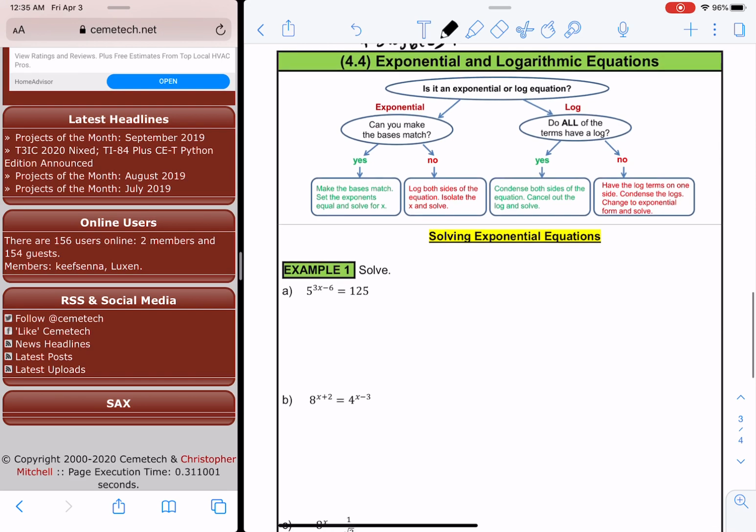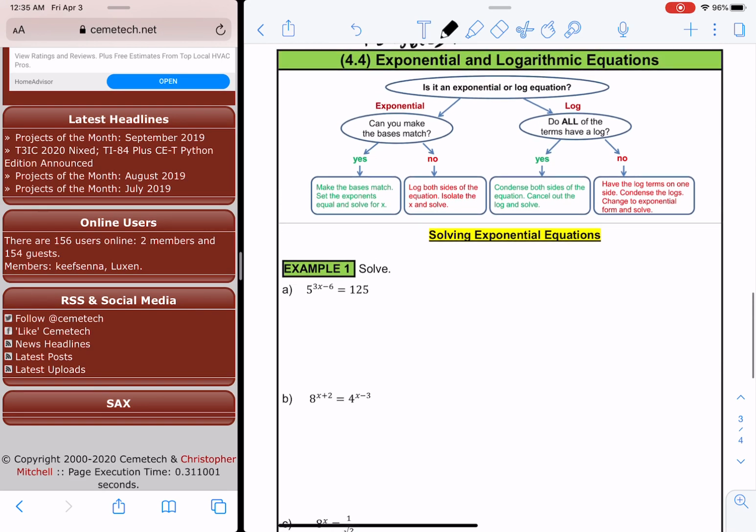So we move on to exponential and logarithmic equations. An exponential equation is one that has exponentials in it. A logarithmic equation is one that has logs in it. So when we have exponential functions, we have to ask the question if the bases match.